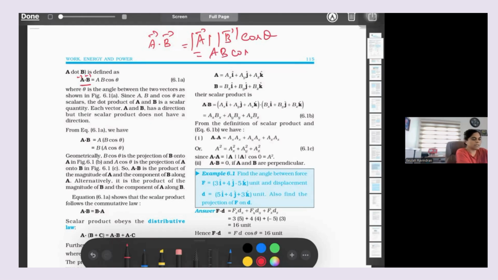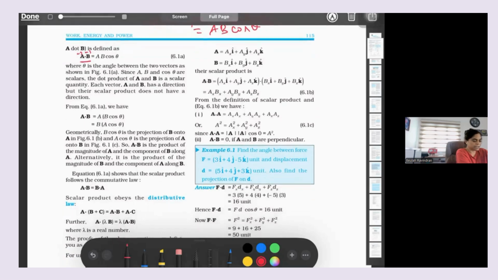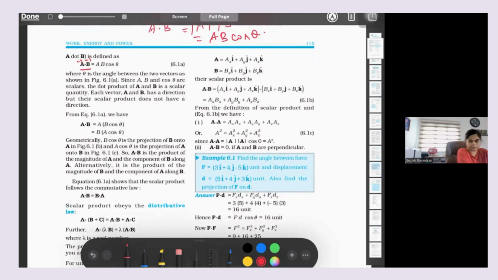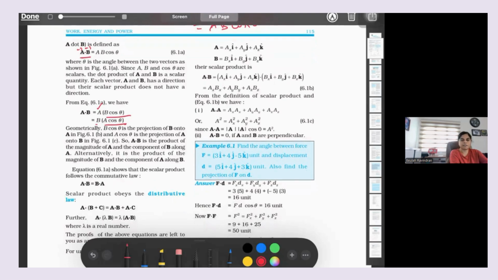This means we can take either A times B cos theta or B times A cos theta. So A dot B and B dot A are both the same, so the scalar product obeys the commutative law.